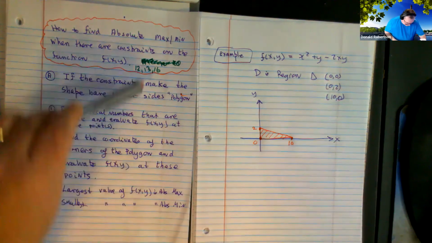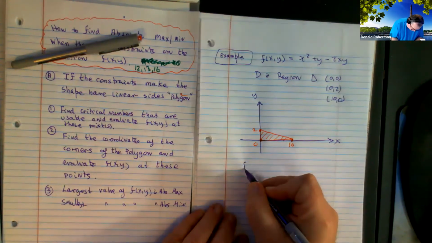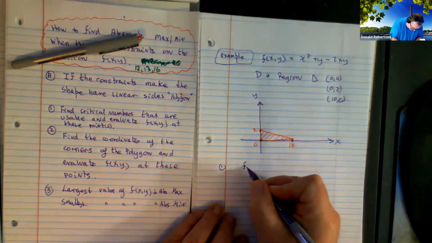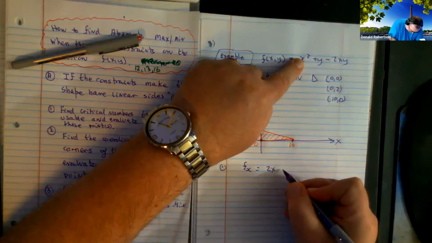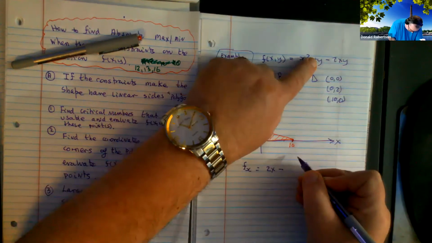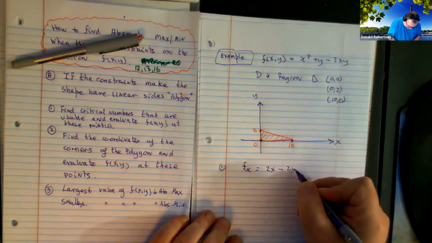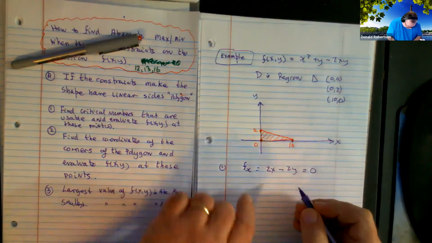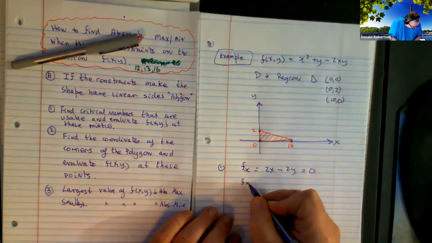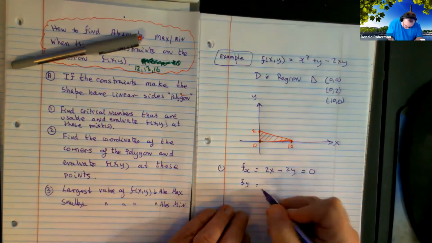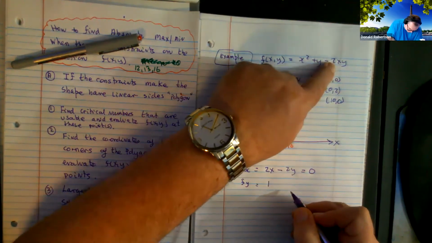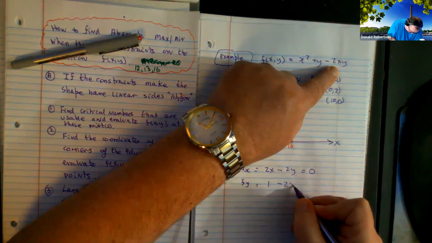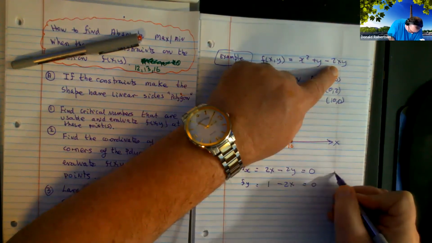So step 1, find the critical numbers. The partial derivative with respect to x is 2x take away 2y, and I set that equal to 0. And then the partial derivative with respect to y becomes 1 minus 2x, equals 0.